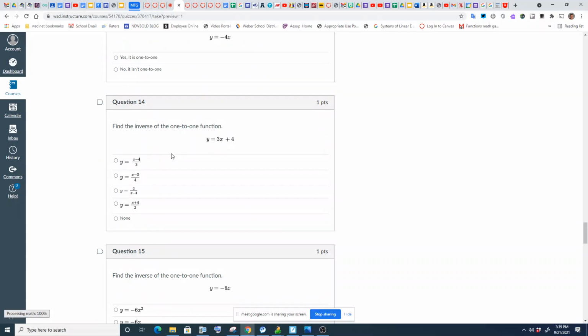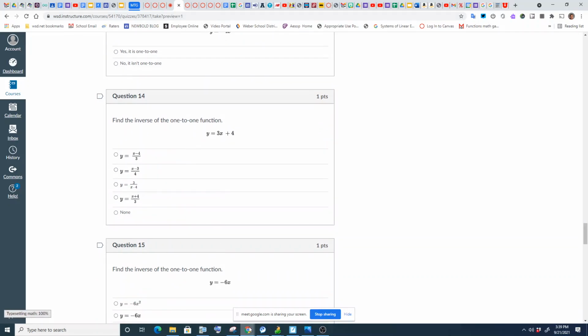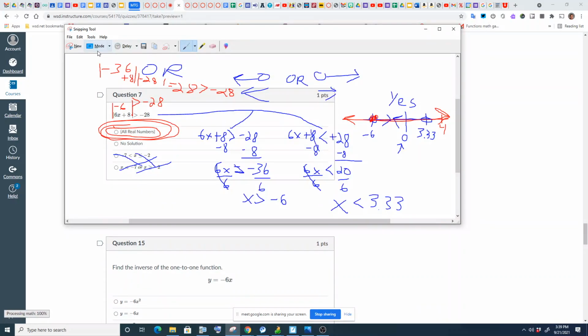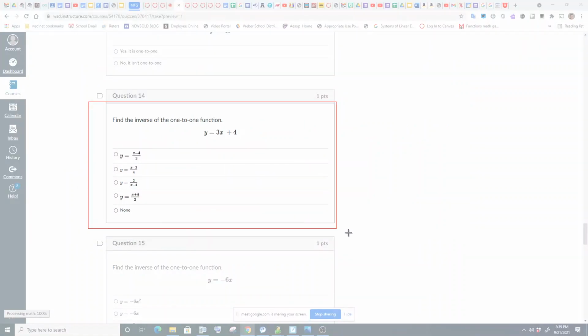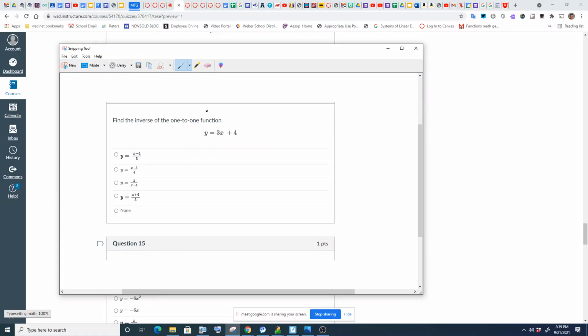So finding the inverse function is basically doing this. Let me show this to you. You switch the x's and the y's. So basically this becomes an x, and then this x becomes a y, so 3y, and then we have plus 4.